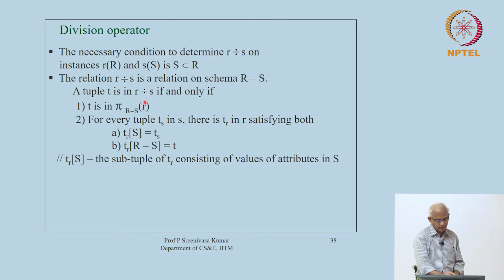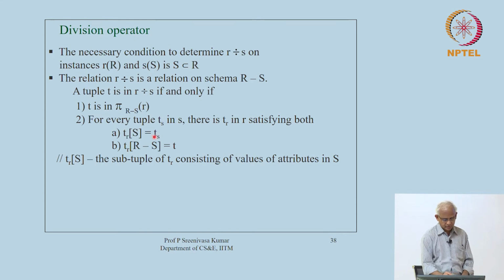It will consist of all those tuples T which are in the R minus S part of R, the first left hand operand, but they have this very unique property that the combination of this tuple, which is a tuple of R minus S, combines with each of the tuples that are there in S and exists in R.